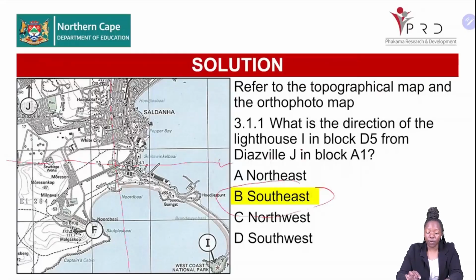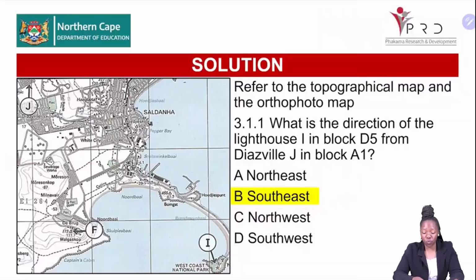So this is our east and this is our north, your south and your west. The area that you were supposed to find is this I, which is between your south and your east. Hence our answer is southeast. Again, remember you started learning directions in primary school.